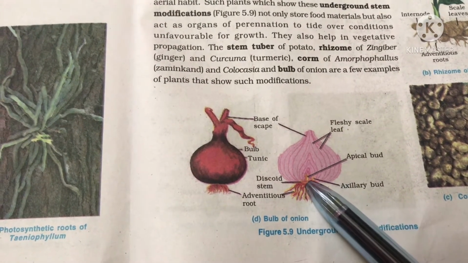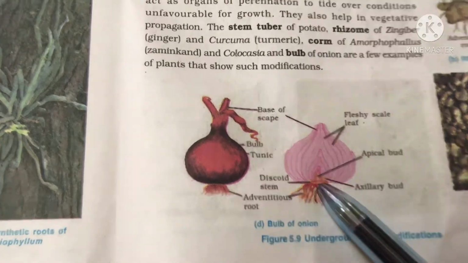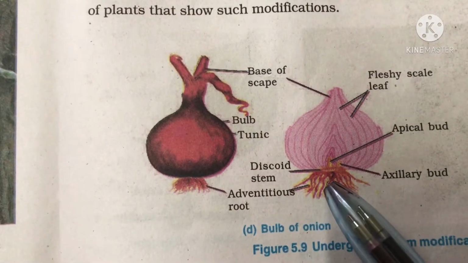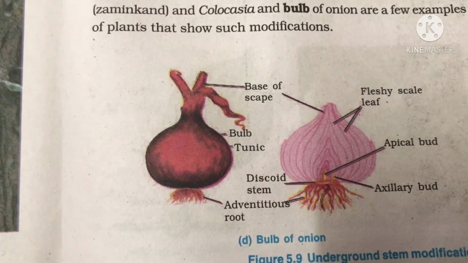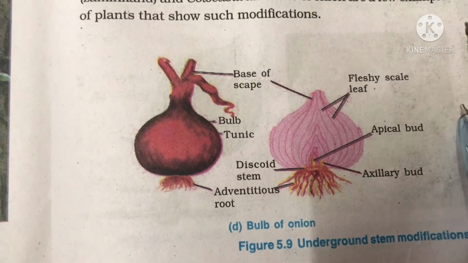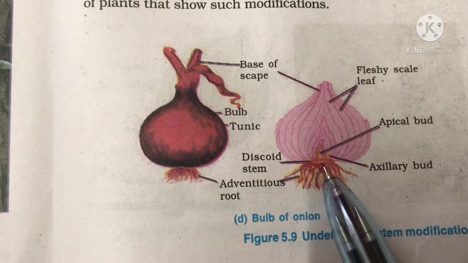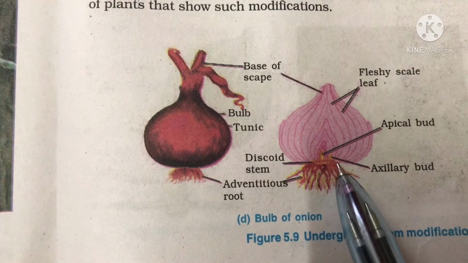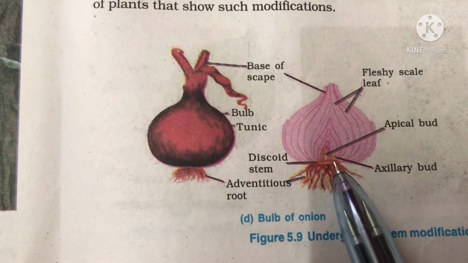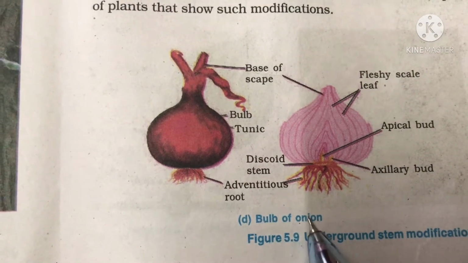The stem is a discoid and compressed stem. Observe closely, this is the stem. The portion below the stem produces the roots. These are roots. This compressed stem is seen in the onion bulb.